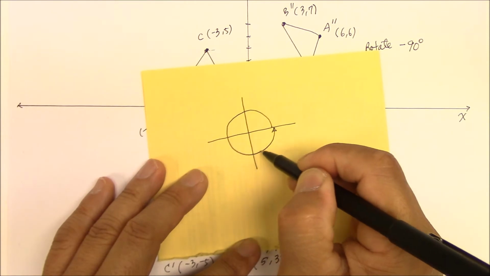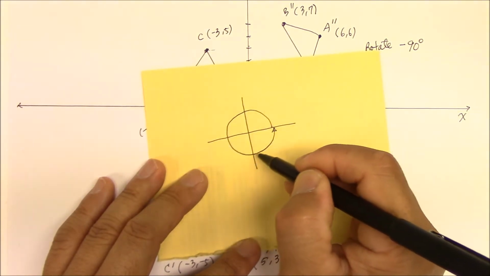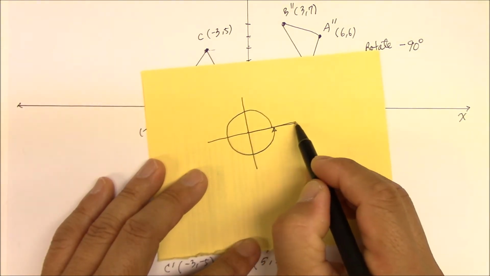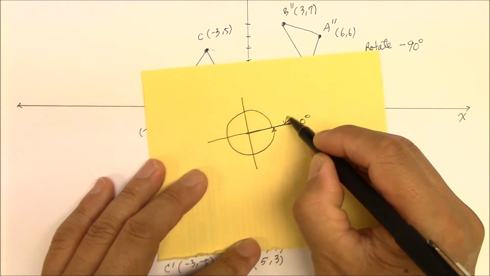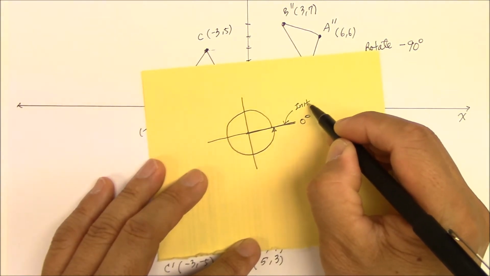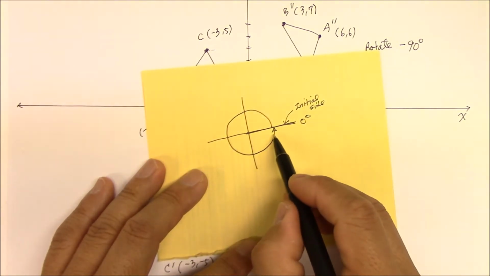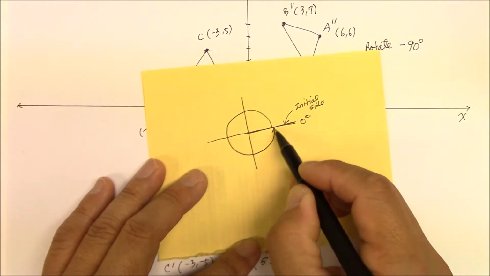That's not just my style or habit, that is actually the positive rotation of a circle. It starts from 0 degrees, and where it begins is called the initial side. And we rotate it counterclockwise. The positive rotation is counterclockwise.